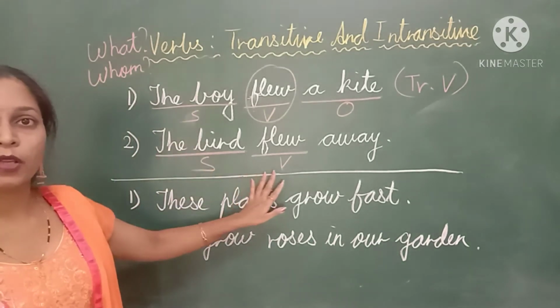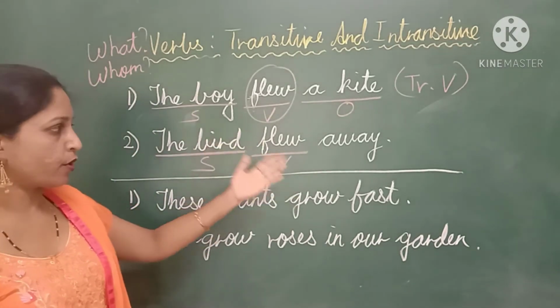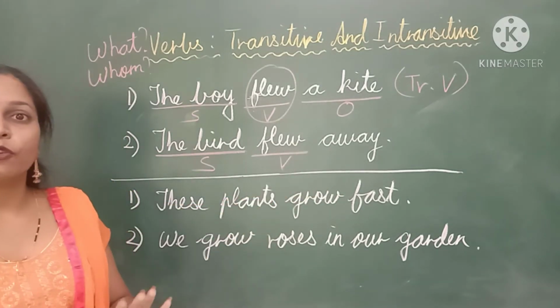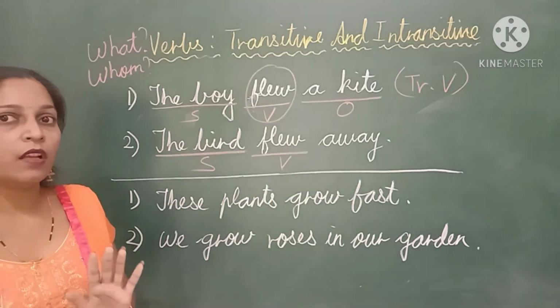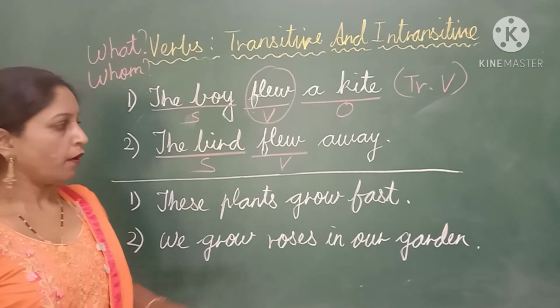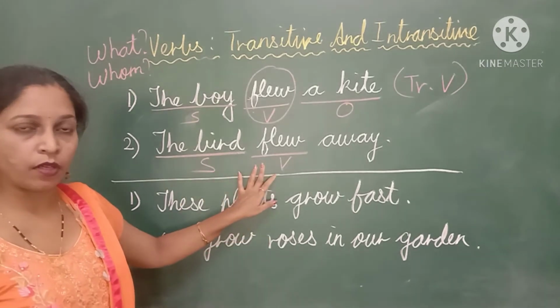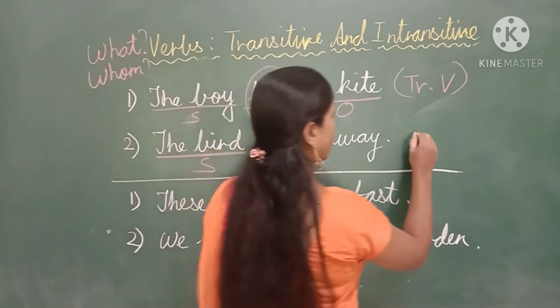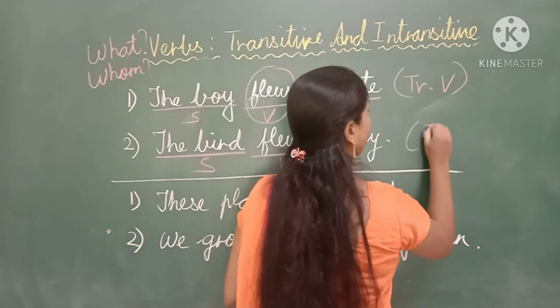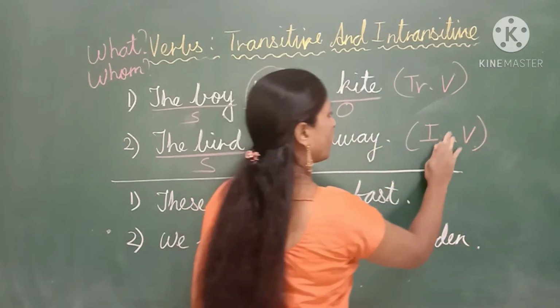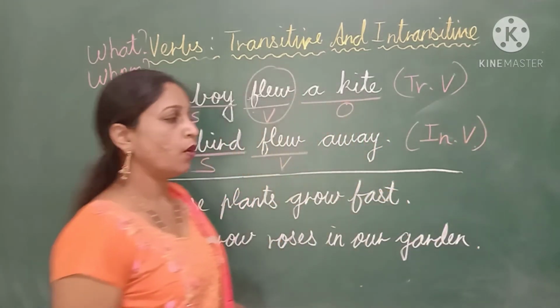Whom did the bird fly? No, it's not the right question, not the right answer. So away is definitely not an object of the sentence. So we have got only the subject and the verb in this sentence. So it is an intransitive verb.